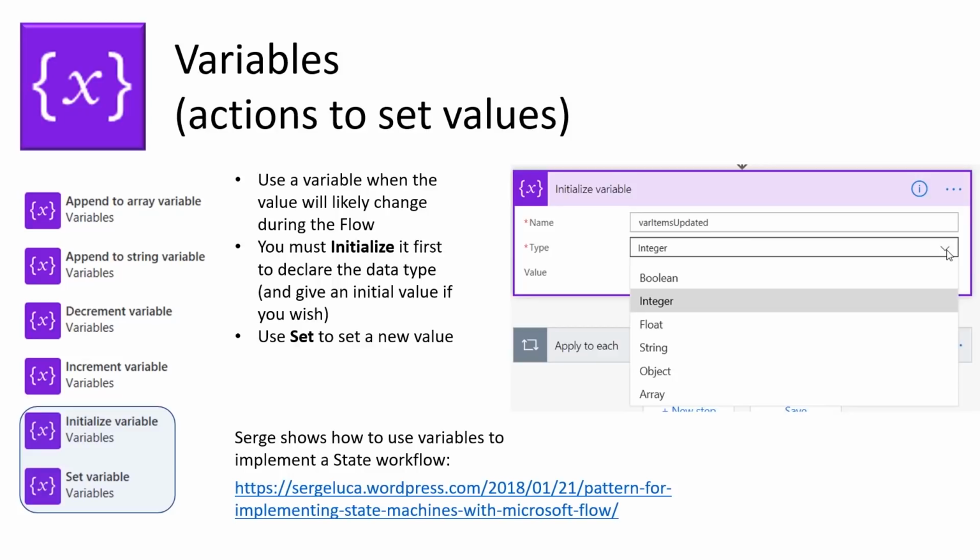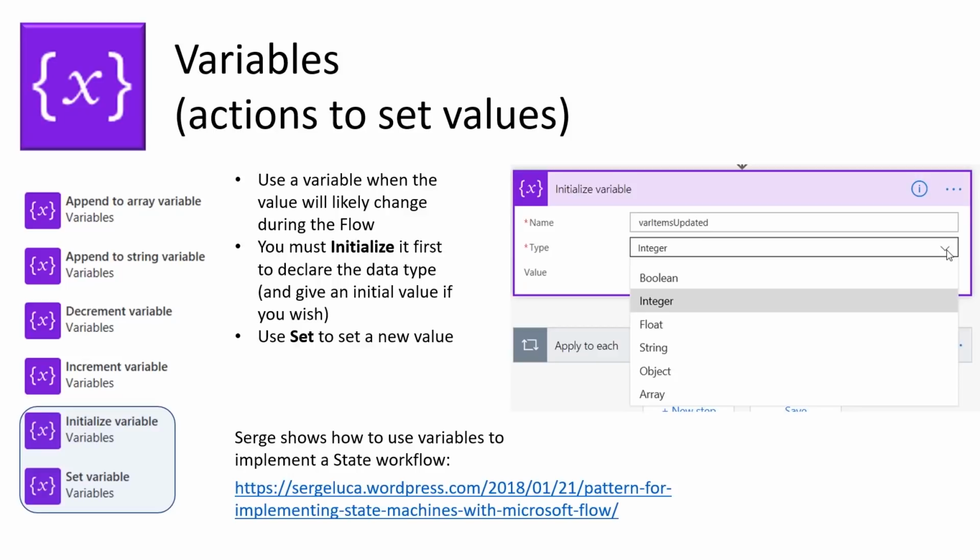And then you would use the set variable to set a new value. So somewhere else in the flow, probably after some other action has taken place, you could set this variable to some dynamic value that came from some other action.